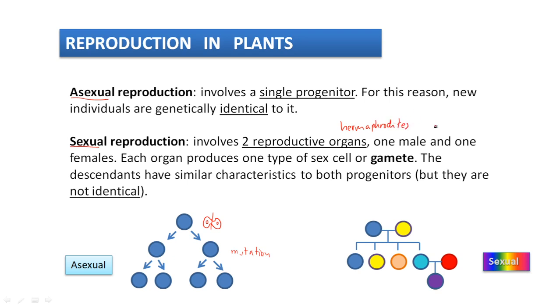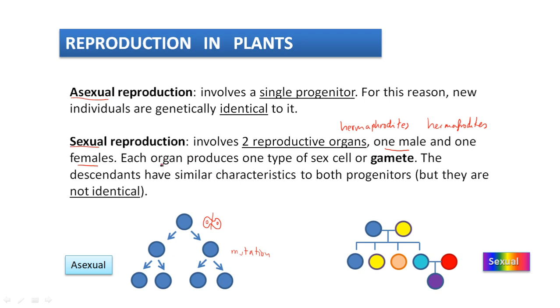I don't remember the spelling, but you get the idea. They can be two different individuals, or one organism with two reproductive organs. One will be the male, and the other one, the female.